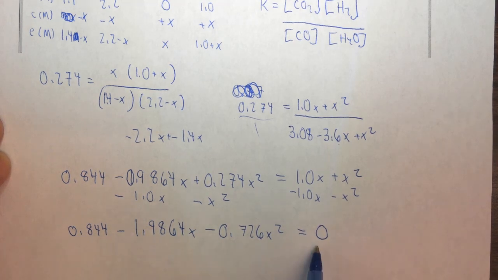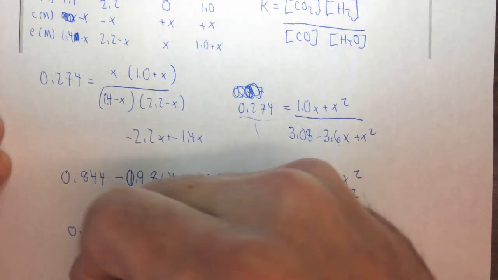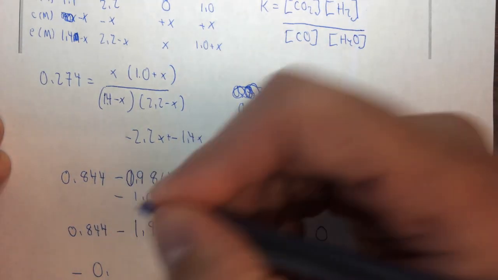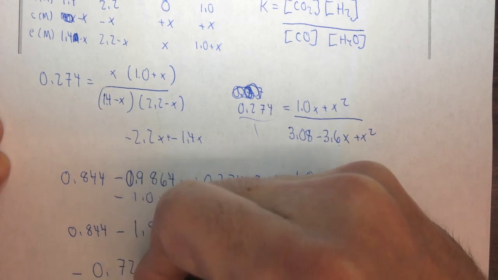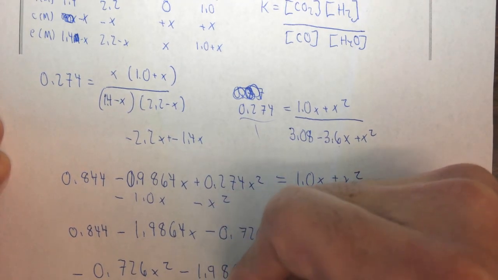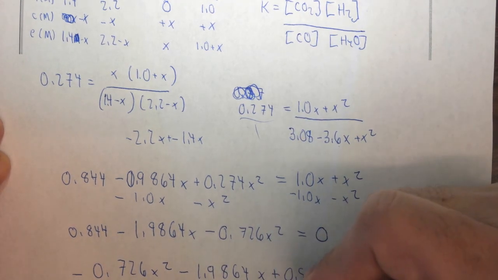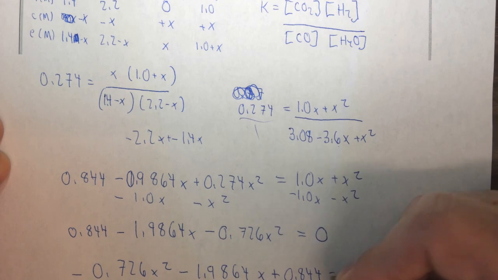So we have this now equal to 0. Now I'm going to write this the more traditional way, so we have ax squared plus bx plus c. So I'm just going to pull this out as minus 0.726x squared minus 1.9864x plus 0.844 equals 0.